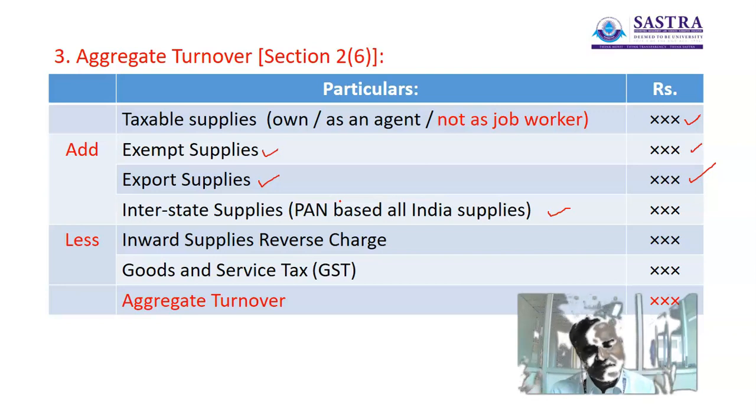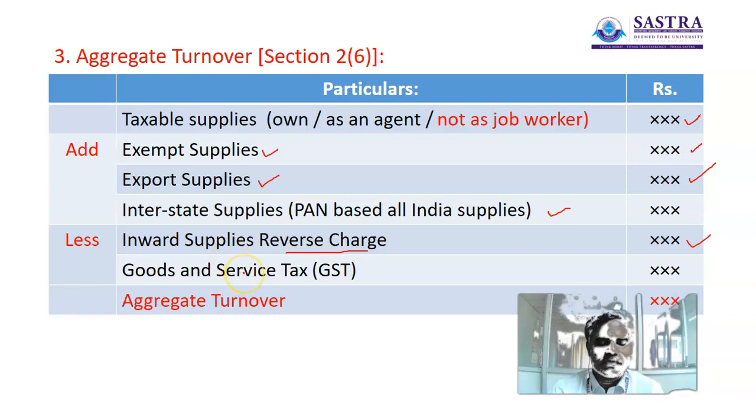Everything will be taken. You need not worry about it. Every supply will be taken to calculate aggregate turnover. Less inward supplies and reverse charge. When you have inward supplies or reverse charge supply, reverse charge means the beneficiary will pay GST to the government.